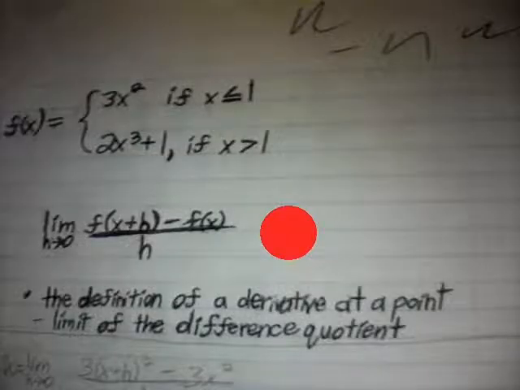Now we will find the derivative of f of x as it approaches 1 from the right side. Once again, we will use the same process, which is the limit as h approaches 0 of f of x plus h minus f of x all divided by h.